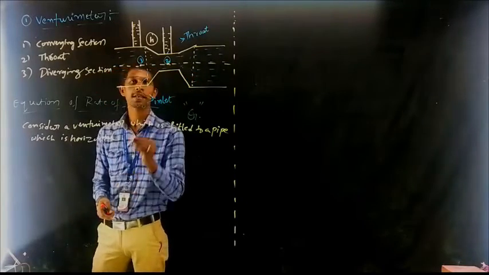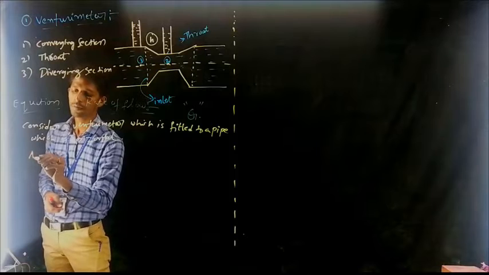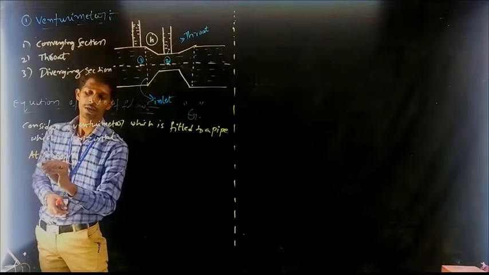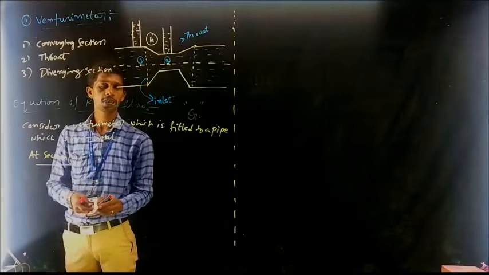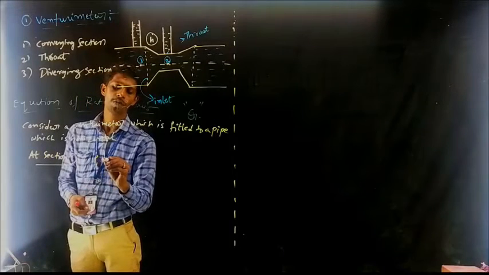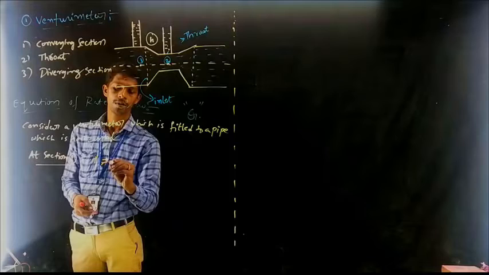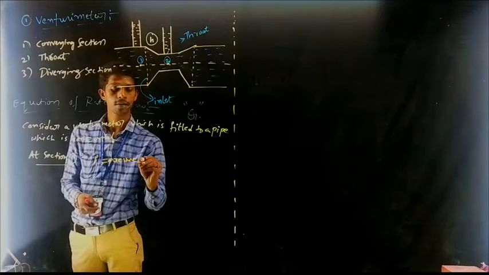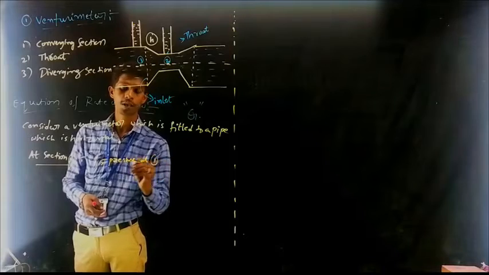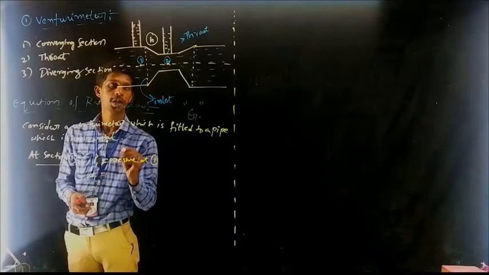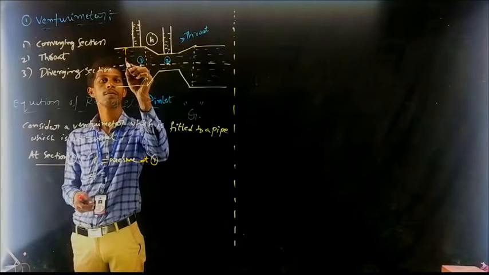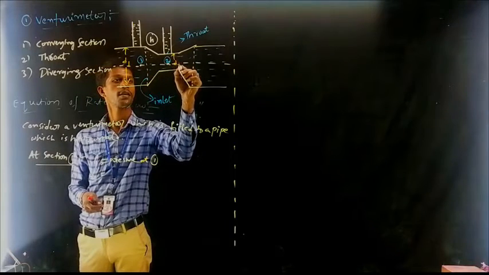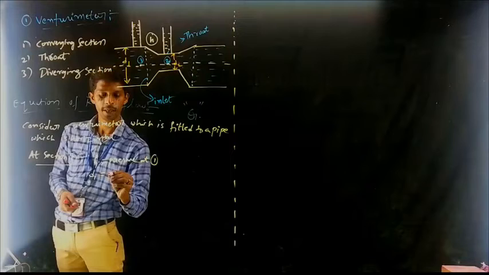So at the inlet, at section 1, what are the properties? P1 is the pressure at section 1, D1 will be the diameter at section 1 and D2 will be the diameter at section 2.